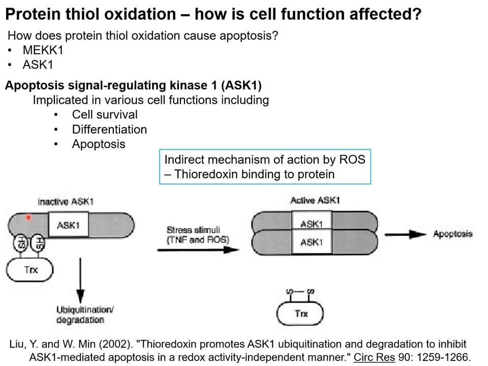So ASK1 normally exists bound to thioredoxin. And the thiol groups on thioredoxin are important for the binding to ASK1. So this is a non-covalent interaction, by the way. And that normally triggers ubiquitination and degradation. So generally speaking, if ASK1 is binding to thioredoxin, its pathway will be a degradation pathway.